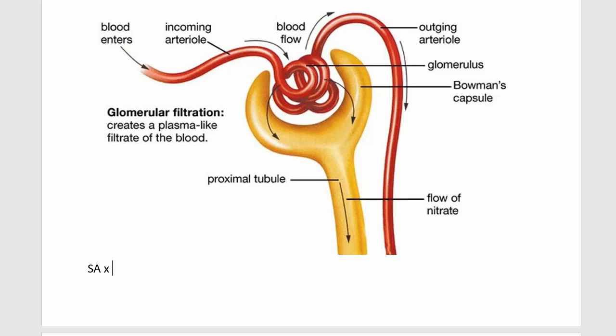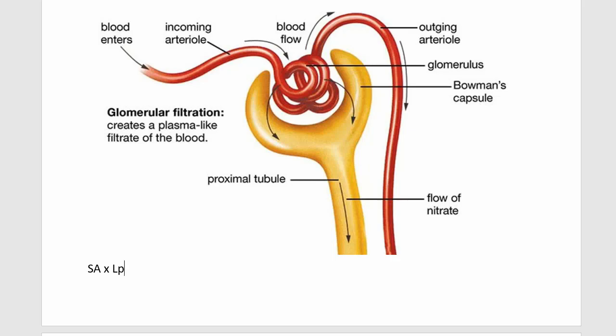And then the other one you're going to want to be thinking about is hydraulic conductivity. So hydraulic conductivity represents the permeability of the membrane to water. So it determines how easily water can move through the capillary walls.